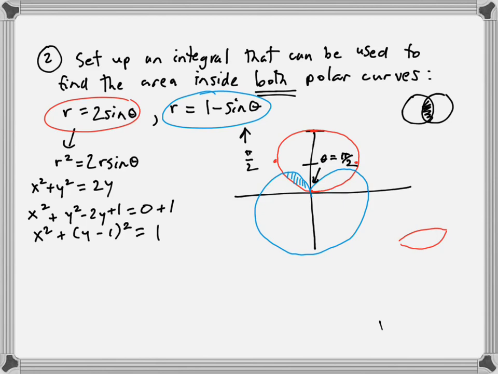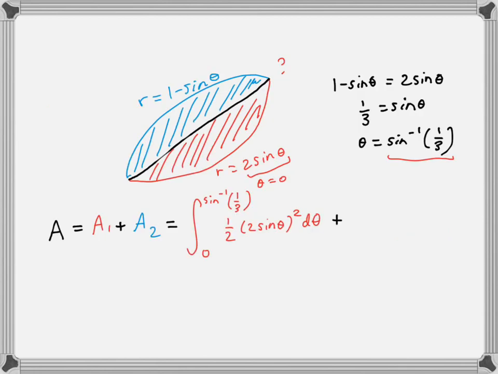So coming back to here, this means that our blue integral is going to go from arc sine of 1/3 to pi over 2. And then we have 1/2 times that radius squared, so that's (1 minus sine theta) squared, and then d theta.